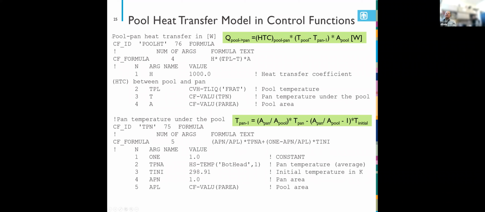The first set is looking at the heat transfer between the pool and the catch pan, showing here this equation, control function 76. And then the temperature below the pool is shown here in this control function. Okay.